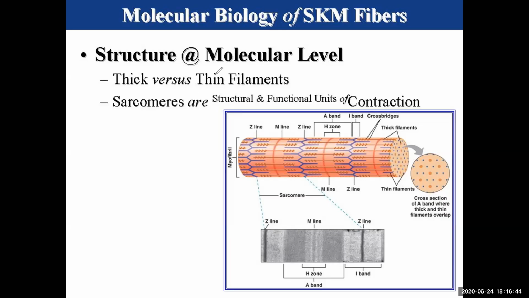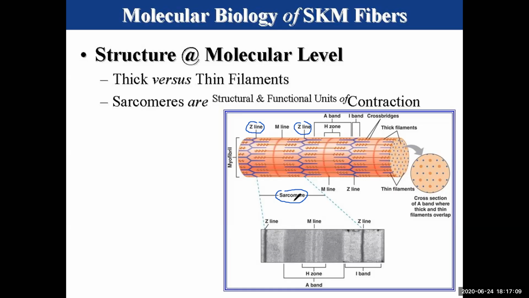Only the thin filaments move. A sarcomere, like I mentioned, is between one Z line to the next Z line, right? So that's your sarcomere, the smallest structural and functional unit of skeletal muscles and cardiac muscles.